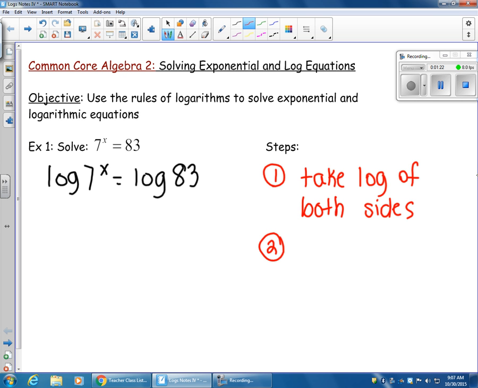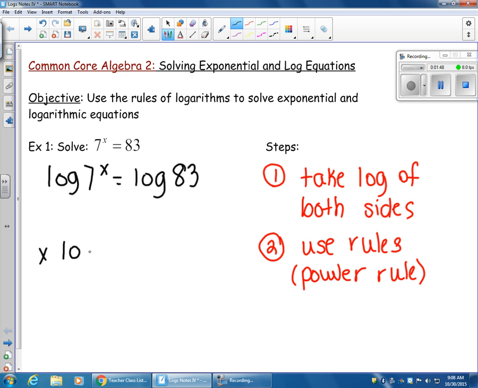Once we've done that, we can use our rules. In this case, we're using the power rule, that the exponent can come out in front. So the power rule says x comes out in front.